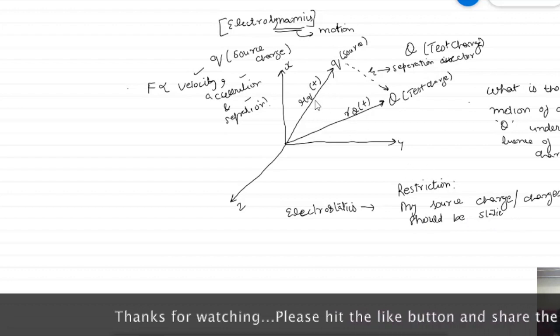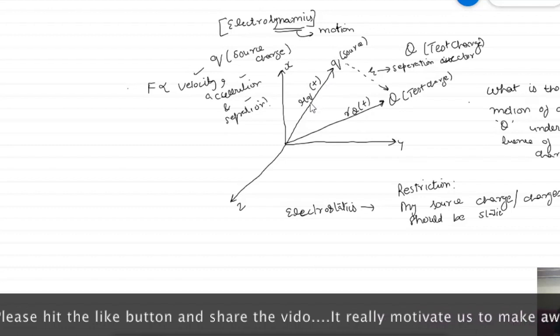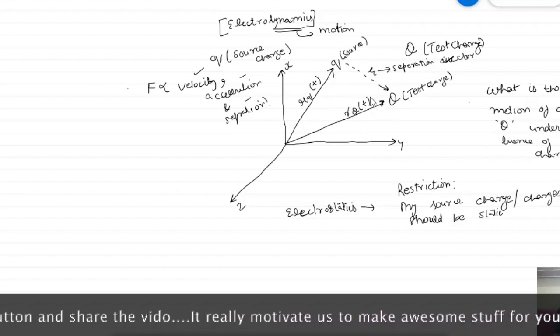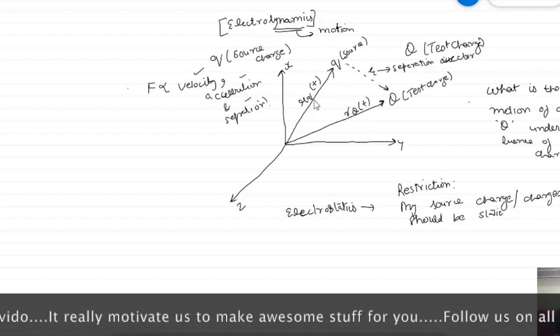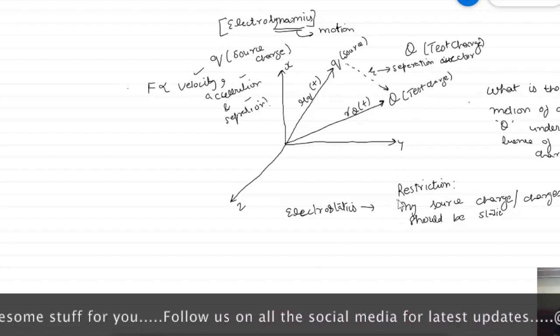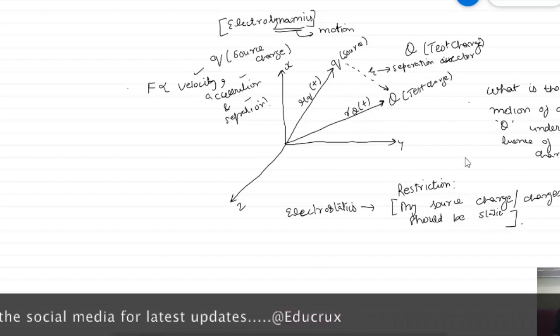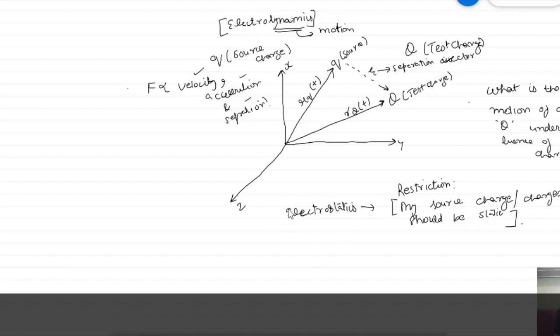That means the position vector of the source charge, or system of charges, that will influence the test charge should be fixed. Its position should not change with time. That's the restriction we put on the source charge, and it is then easier to understand the dynamics of the test charge.